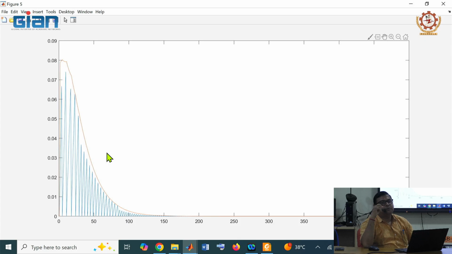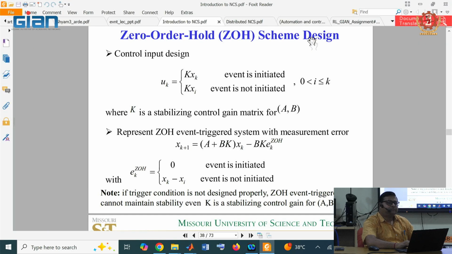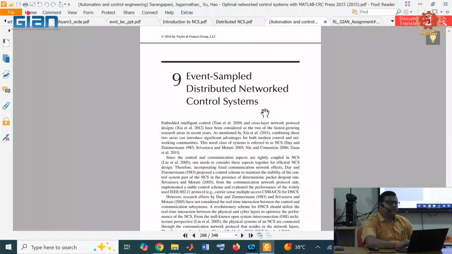Okay, so if you want to minimize the adverse effect of networked control systems, then definitely one of the ways you can solve it is with event triggering. So that's why this particular chapter is dedicated to event-sampled distributed networked control systems.